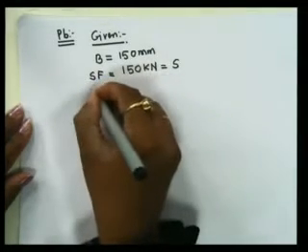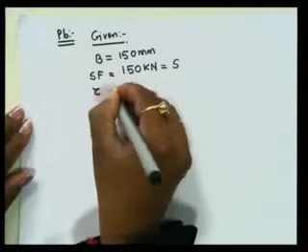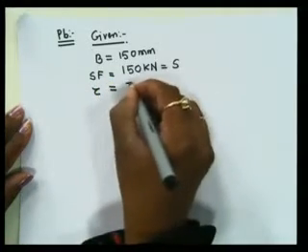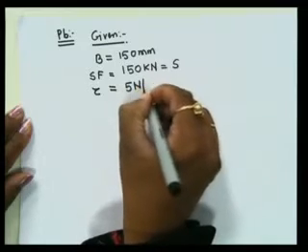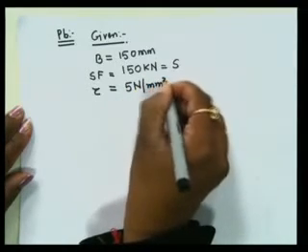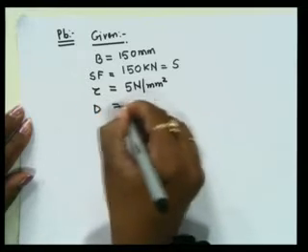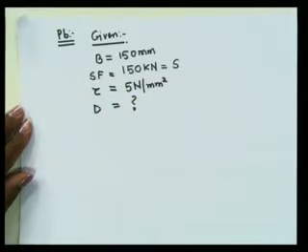You can see they have given you the shear stress value, and shear stress is denoted by tau. So tau is nothing but 5 Newton per mm square. You have to find out the depth of the beam. What will be the depth of the beam?